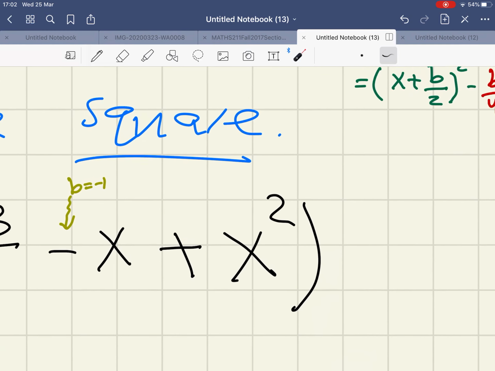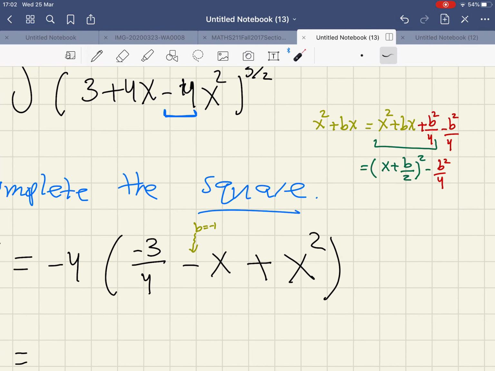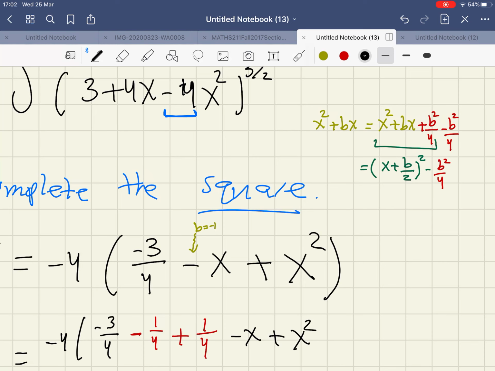So let's do it here in this example, the same whole idea as we just said it here. So this is negative 4, this is negative 3 over 4 minus x, or just let me add and subtract here all at once. Remember the b is minus 1, so I will minus 1 over 4, and I will add 1 over 4 minus x plus x squared.